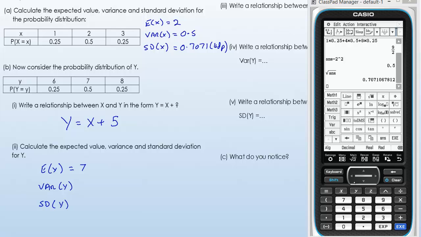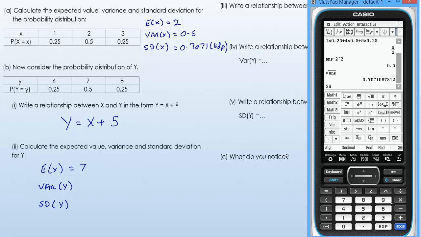So we want the expectation of y squared, so that's going to be 36 multiplied by 0.25, add 49 multiplied by 0.5, add 64 multiplied by 0.25.